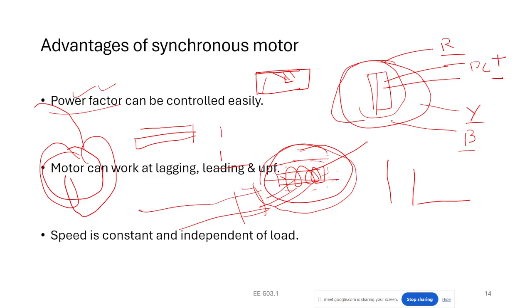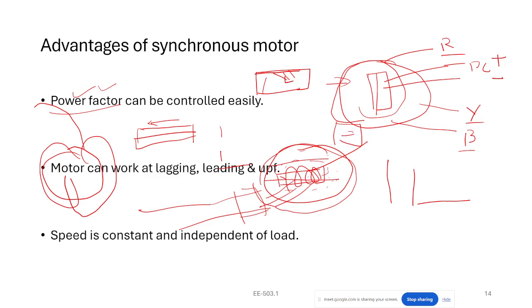Suppose in that situation we run this synchronous motor, what will happen? If we control the excitation up to the rated value, there will be three stages: under value, rated value, and minimum value. We can see that in the nameplate details, which give the excitation.